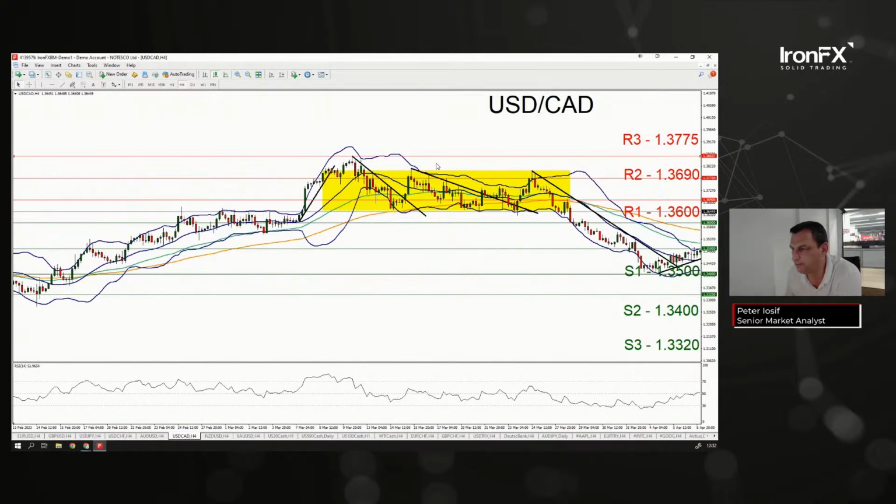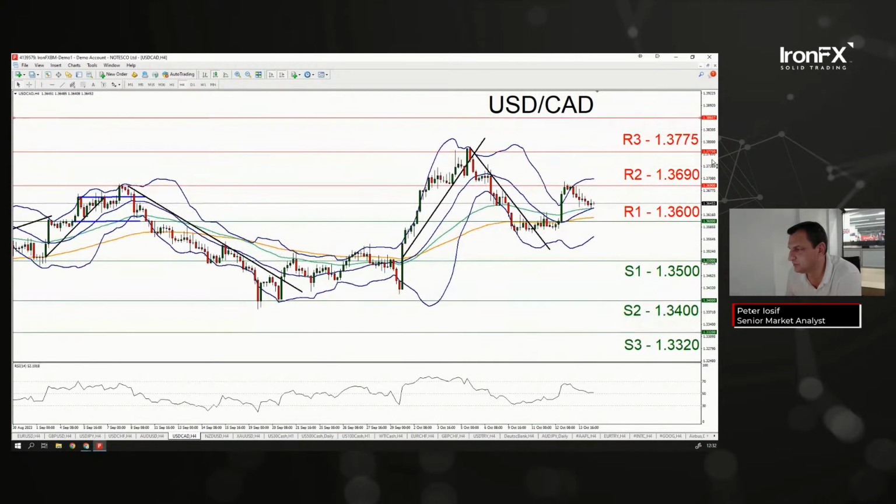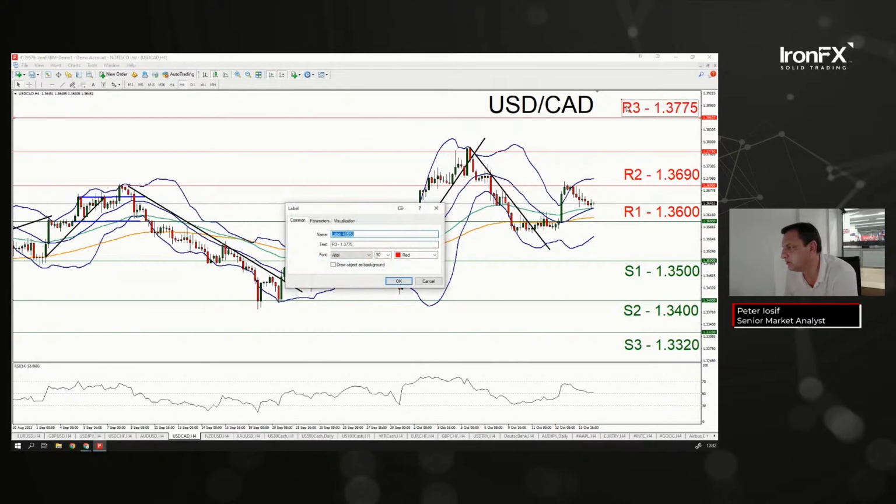I think we have a good one here. Readjusting the chart. Our levels are a little bit narrow, I know that. But that's not my main concern right now.